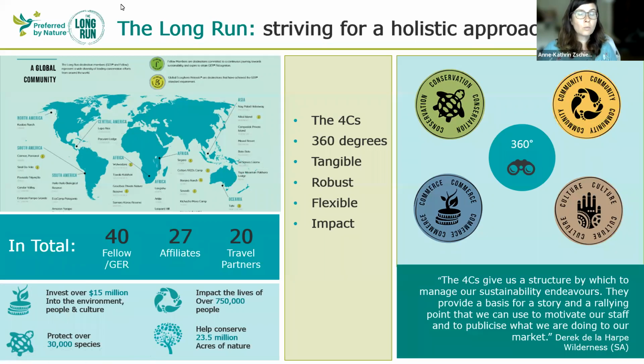When we work with businesses, what we are really trying to help them do is have a holistic approach to sustainability. How can we integrate and embed sustainability into our operations? We do this by breaking down sustainability into 4 different strands, which we call the 4 Cs: conservation, community, culture, and commons.